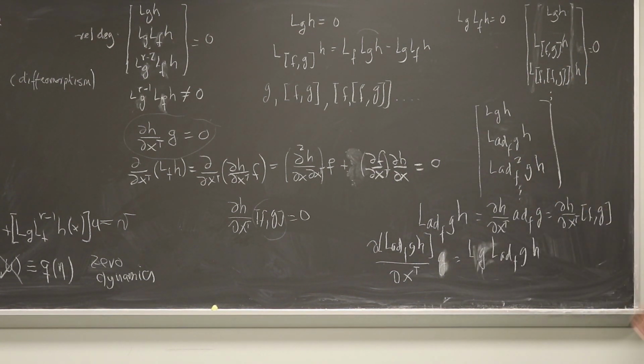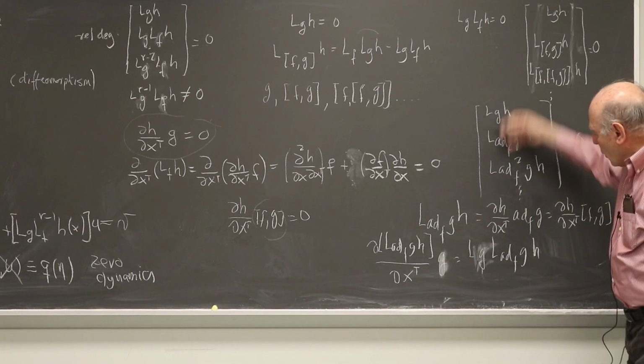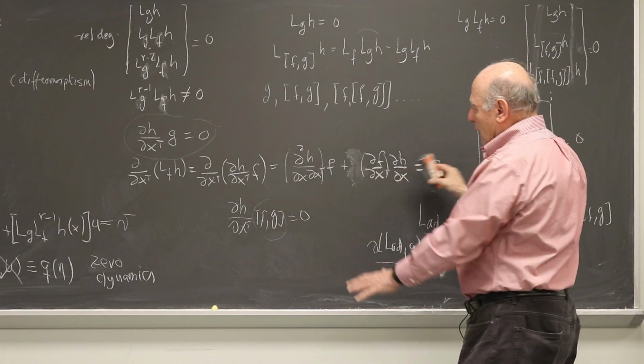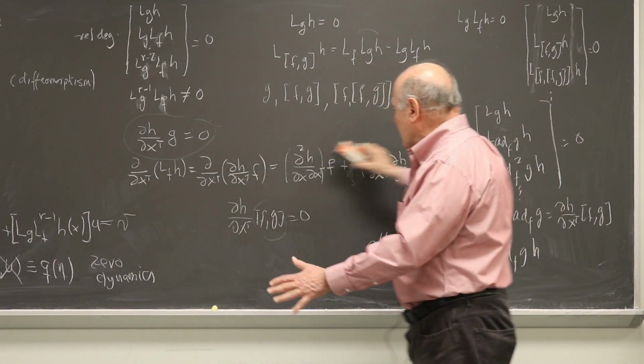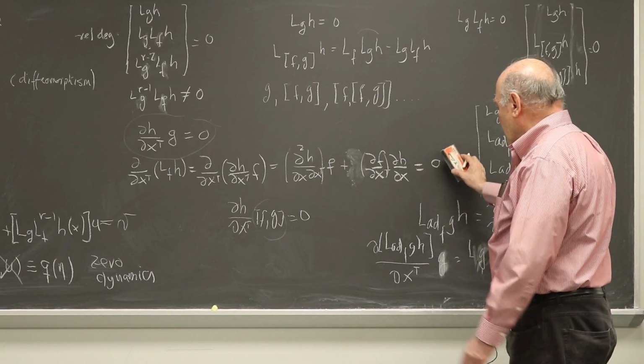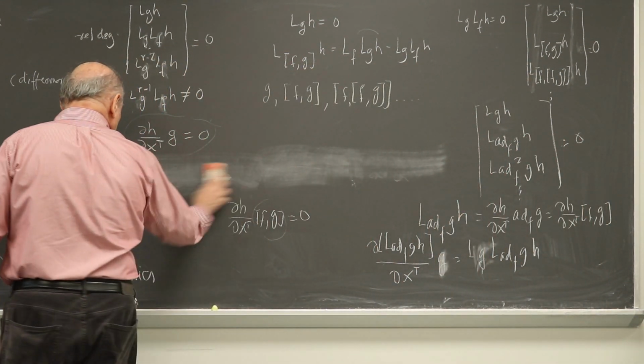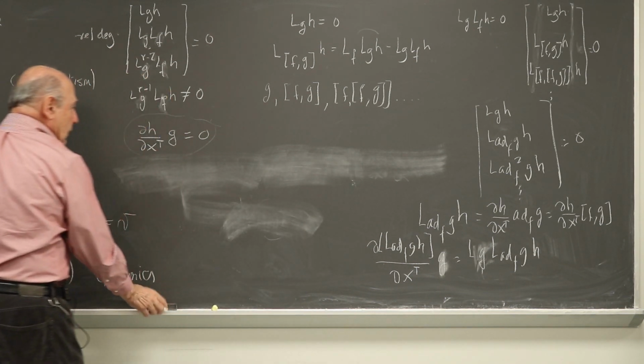And that's much simpler. And all of this will be 0, and all of them represent linear partial differential equations which don't have the inconveniences of this nonlinear partial differential equation. So we will use that.